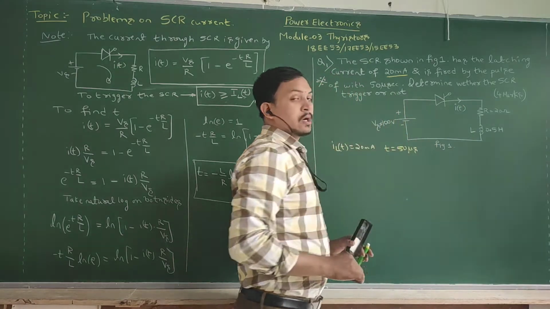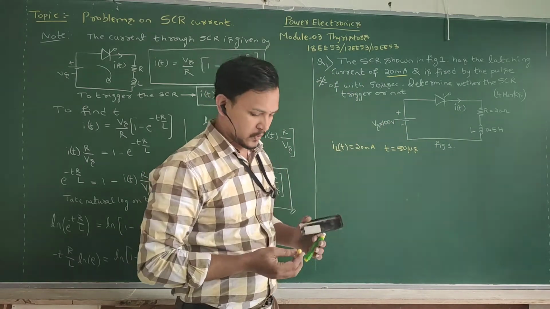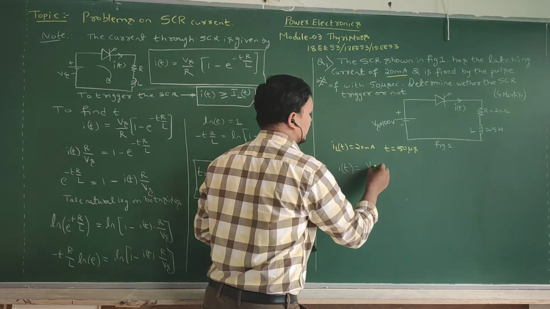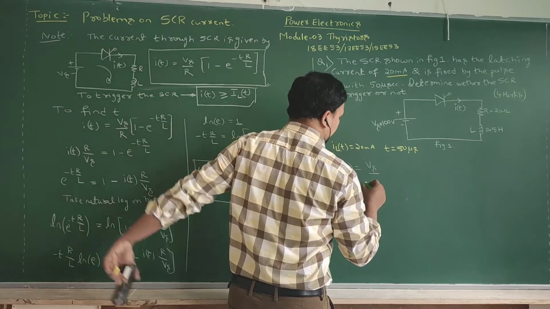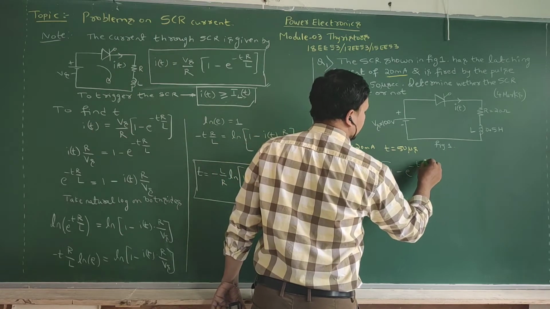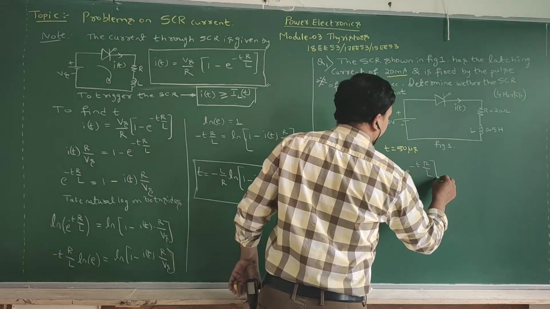Determine whether the SCR will trigger or not. We have the current formula that we just studied: I of t is equal to Vs by R within the bracket 1 minus e to the power of minus t r by L.